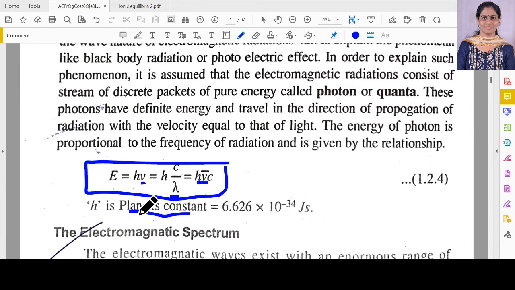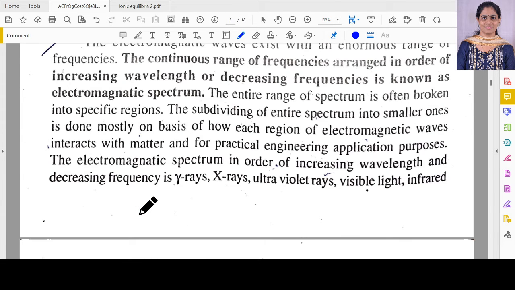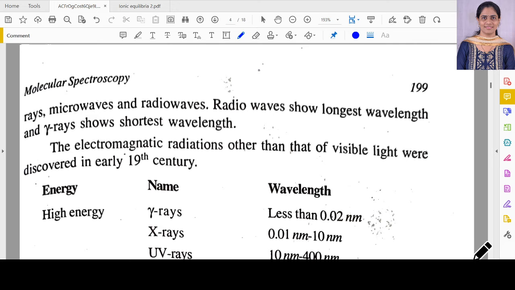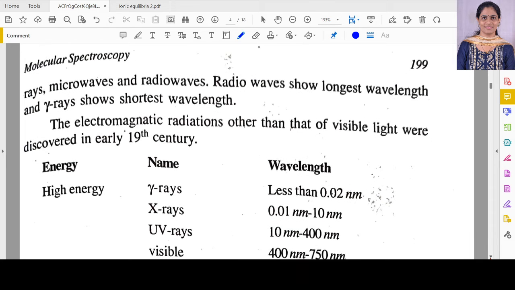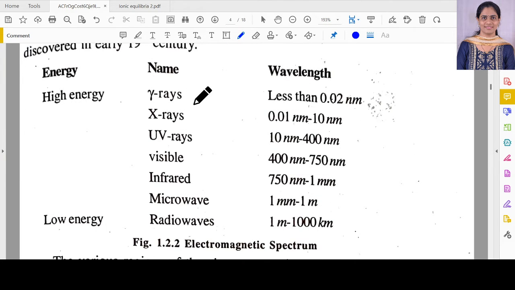H is Planck's constant and c is the velocity of light. Okay, then we have seen the electromagnetic spectrum and different regions in it. So remember the name of each region and the energy of each region, how energy is high and how energy is low. Cosmic rays and gamma rays are highly energetic, so they will have less wavelength.